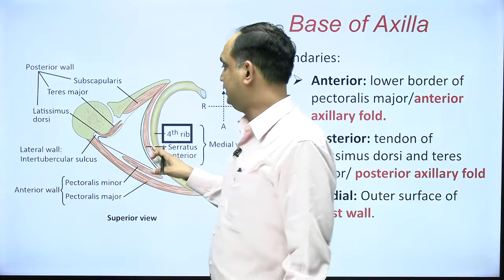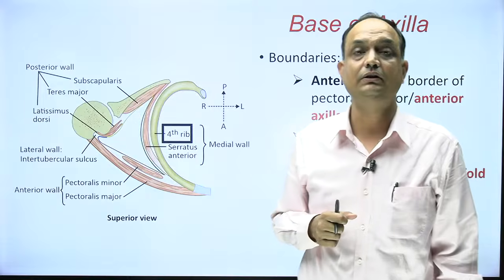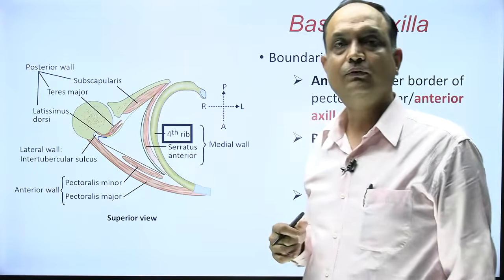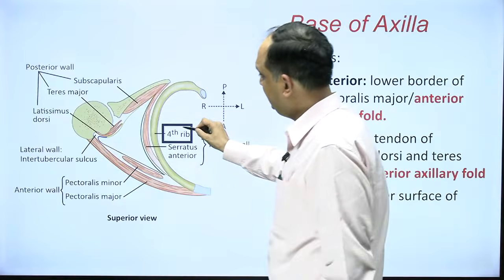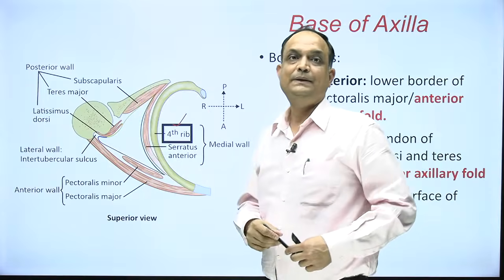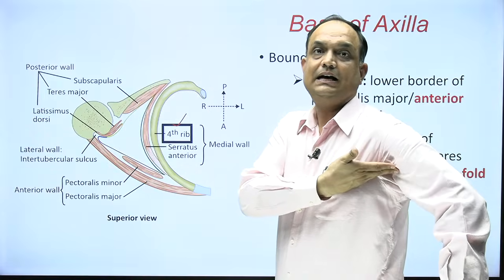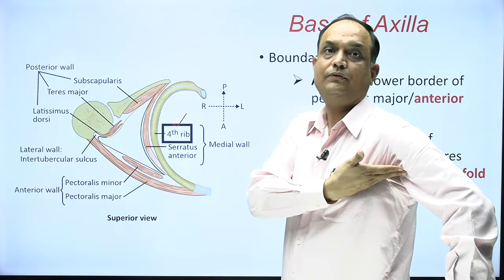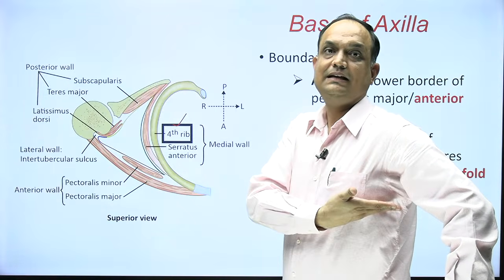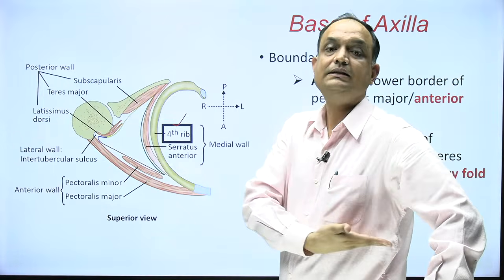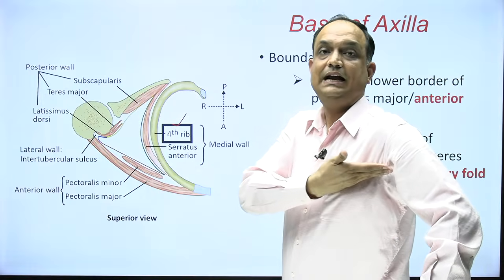Now dear students, when you see this section in your books, you have to first understand there is a labeling of the fourth rib. That means where is the end of axilla? If I say this is the axilla, where is the axilla ending? Axilla is ending here.